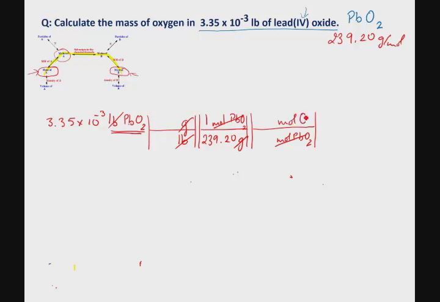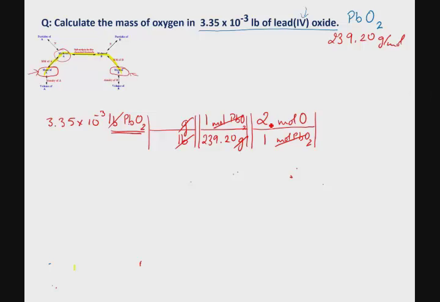Please note it is oxygen as an element, oxygen O, and not as an O2, because we're not talking about free oxygen, we are talking about oxygen content in PbO2. And so in this case, of course, we use the chemical formula to figure out this molar ratio. 1 mole of PbO2 contains 2 moles of oxygen, as you can tell from the subscript.